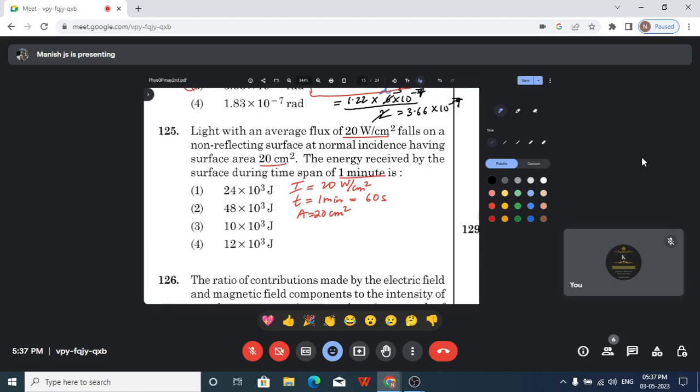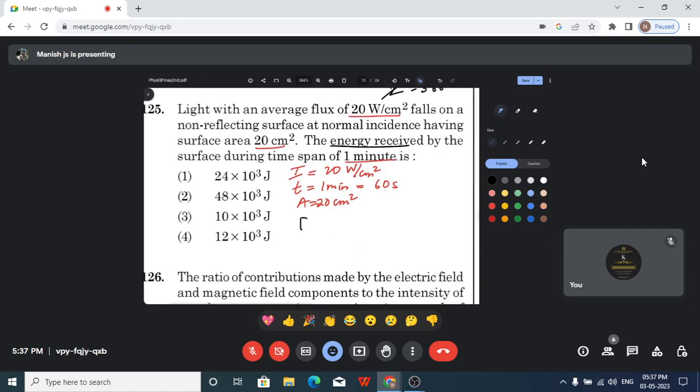They are asking you what is the energy. You need to remember that energy can be written as the product of intensity into area into time. E is equal to IAT. It is a relationship. Go and substitute the values. I is 20. Area is also 20.